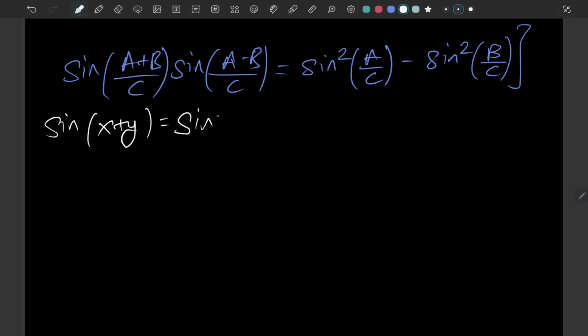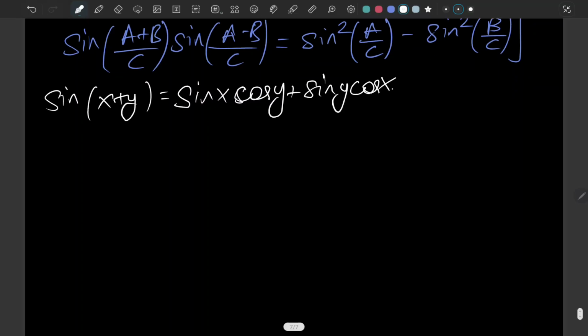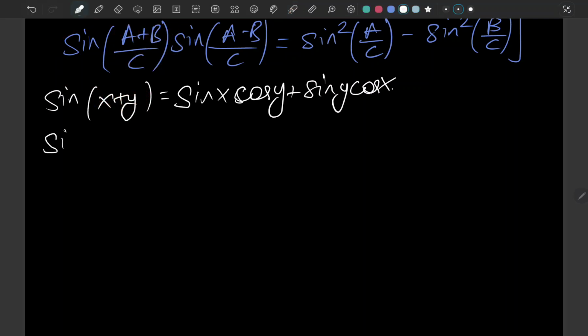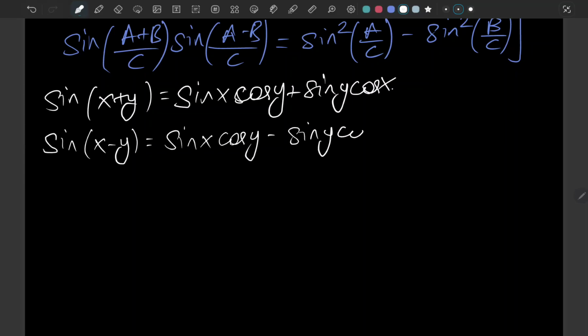So it's sine of x, I'm sorry, cosine of y plus sine of y cosine of x. So for our case, we are having a over c as x and b over c as y, right? And if we talk about the negative part of it, so it's x minus y, equals sine of x cosine of y minus sine of y cosine of x.